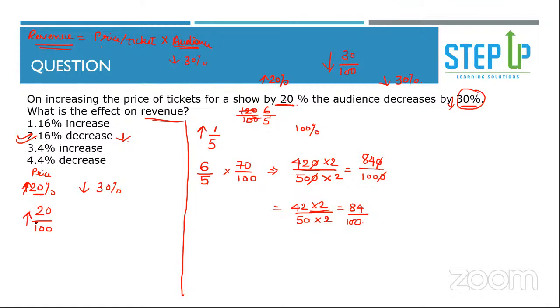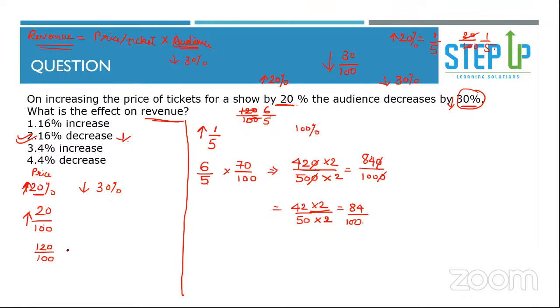Now increasing means I'll add this numerator to denominator. So this will become 120 by 100. Do you agree with that? Like yesterday we have seen, increase by 20%. 20% is nothing but 1 by 5. 1 by 5 can be written as 20 by 100 also. 20 by 100 is same as 1 by 5. Fair enough. So 120 by 100.